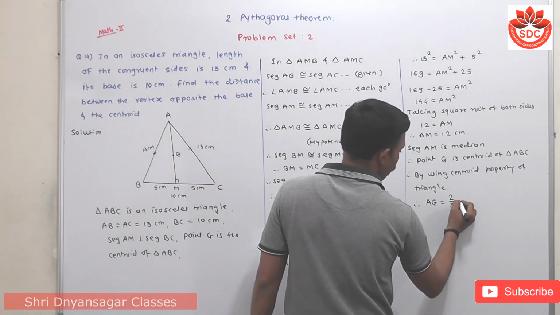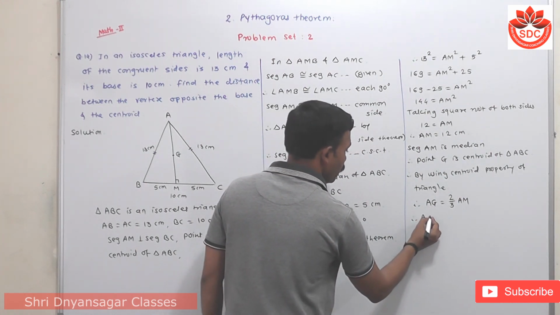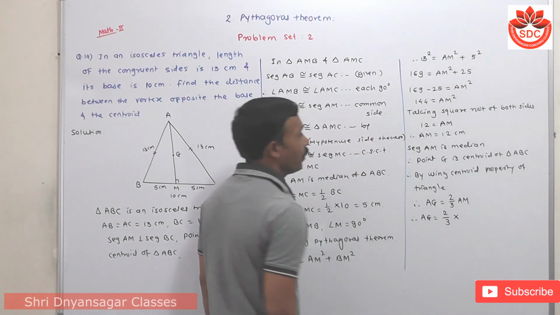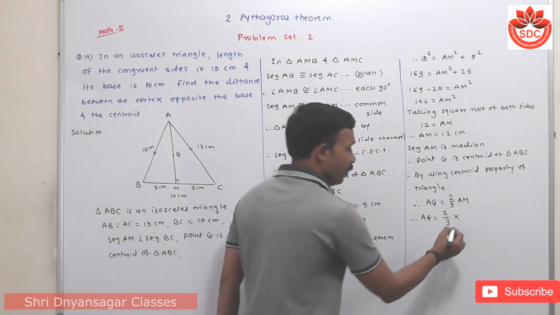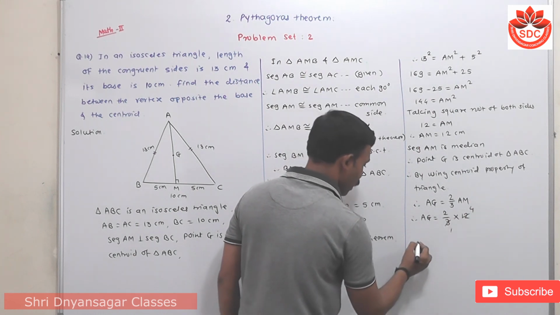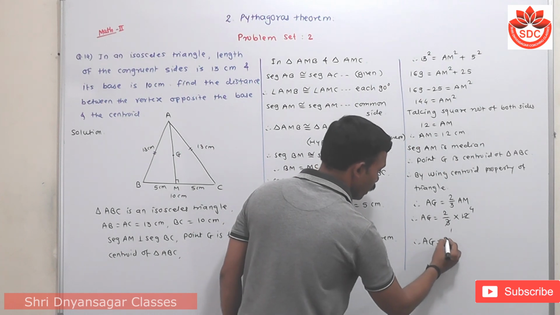Substitute here: AG is equal to 2 upon 3 into the value of AM, which is 12. Simplify: 3 ones are 3, 3 fours are 12. AG is equal to 2 into 4.